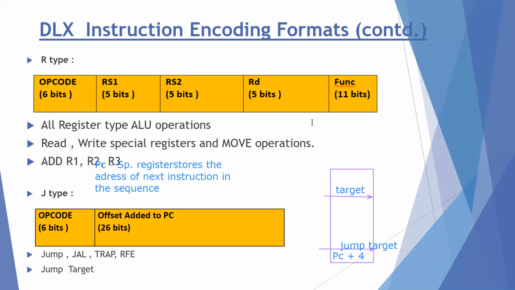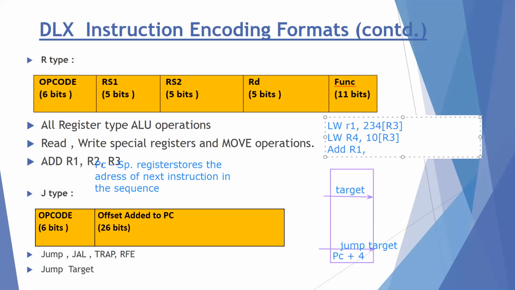So suppose I've written my code like this. Say this is load word into R1, comma 234 bracket R3. Then suppose load word into R4 from 10 bracket R3, and then suppose I say add R1, comma R4, comma R1.